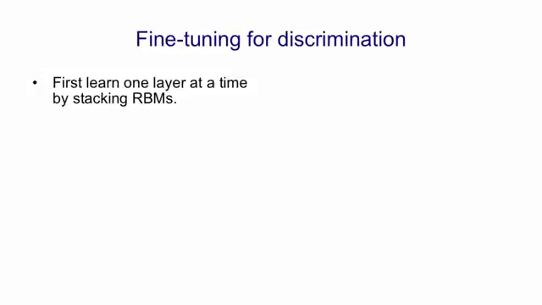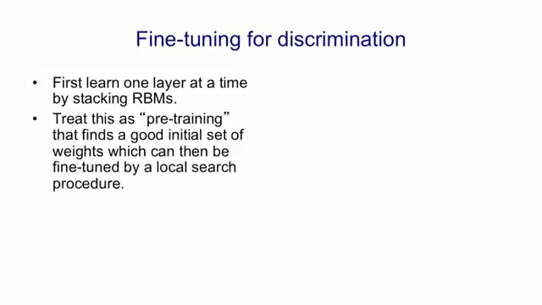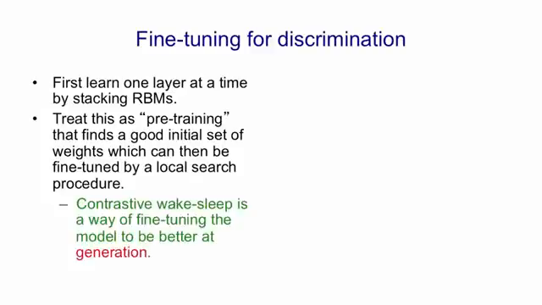So we first learn one layer of features at a time by stacking up restricted Boltzmann machines. Then we treat this as pre-training that finds a good initial set of weights in a deep neural network, and we fine-tune those weights using some local search procedure. In the previous video, I showed you how to use contrastive wake-sleep to fine-tune a deep network so that it was better at generating its inputs.